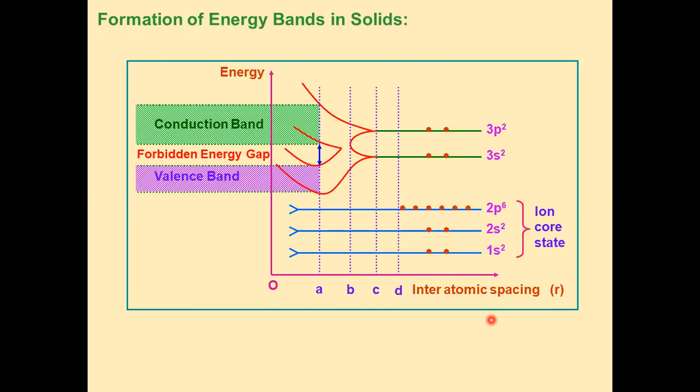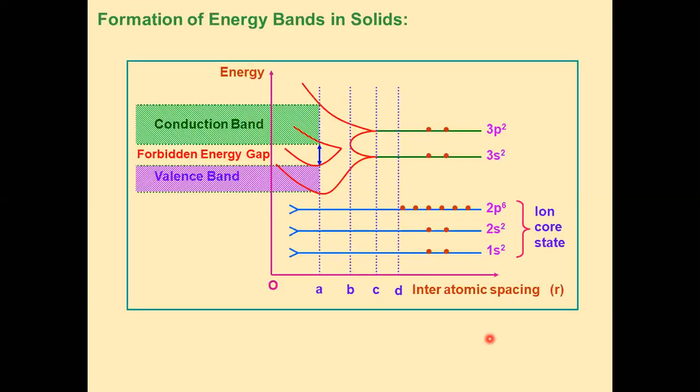When these isolated atoms are brought together to form the solid, various interactions occur between the neighboring atoms due to the force of attraction and the repulsion force. At the equilibrium position, the attractive force and repulsive force of that atom get balanced, and the potential energy of the system becomes minimum.